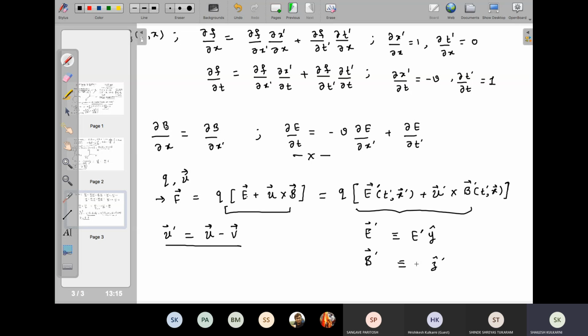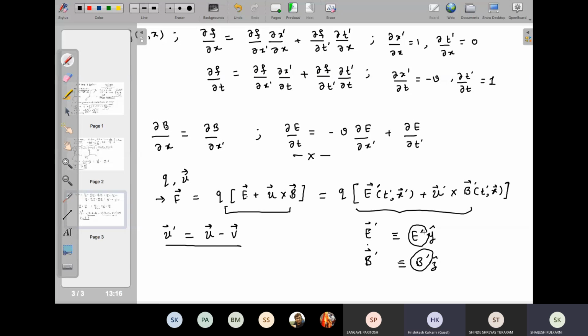What you need to determine are these functional forms in terms of the original E and original B. There is no point in writing prime on z, because it remains the same, so there is only z cap. Convince yourself that the E prime vector is still going to be along the y cap direction, and the B prime vector along the z cap direction. Only the functional form of the coefficient of these unit vectors is going to change.